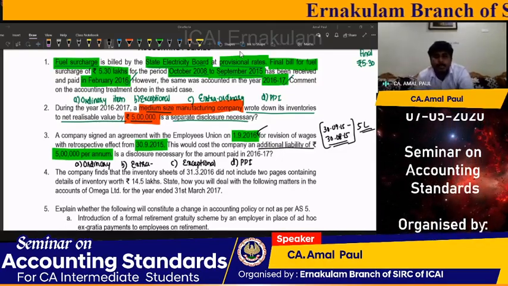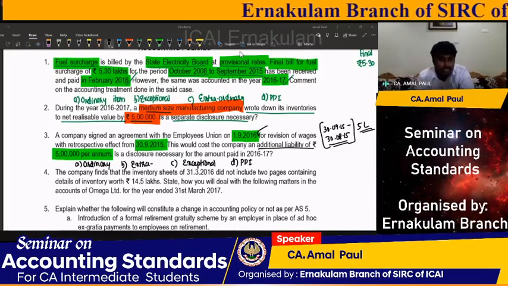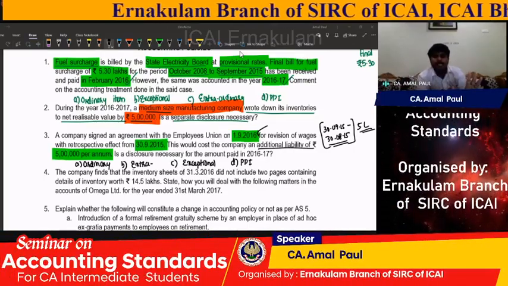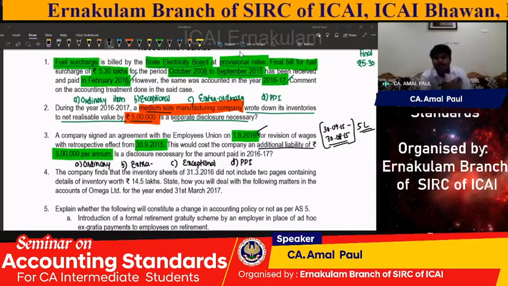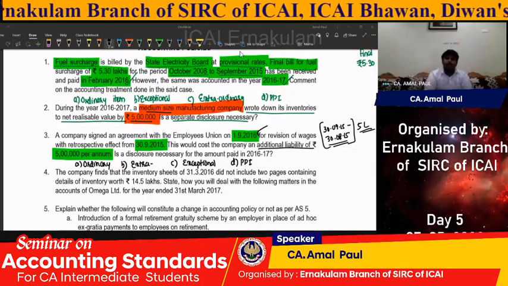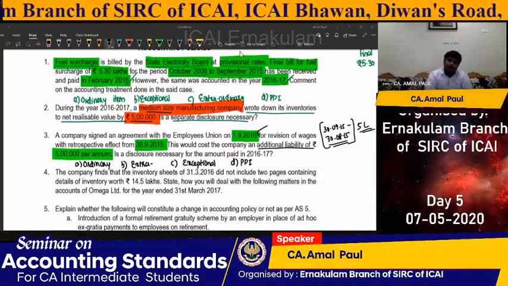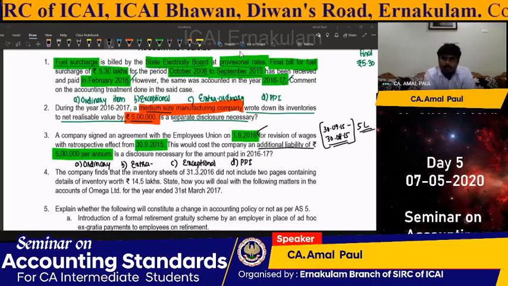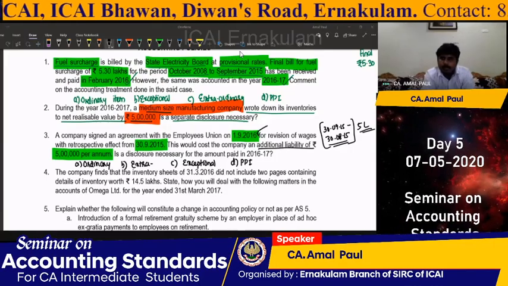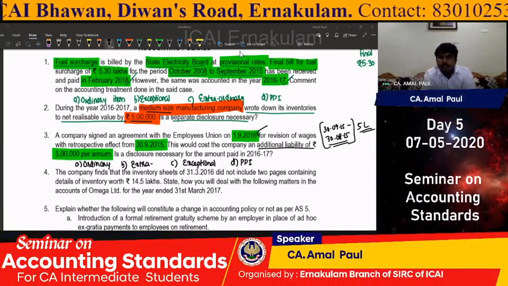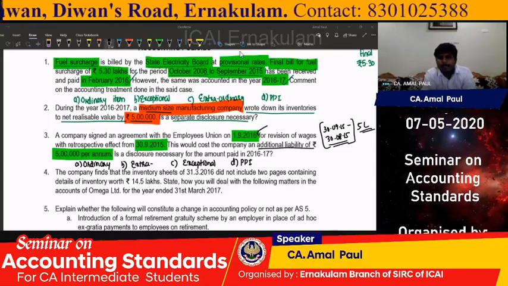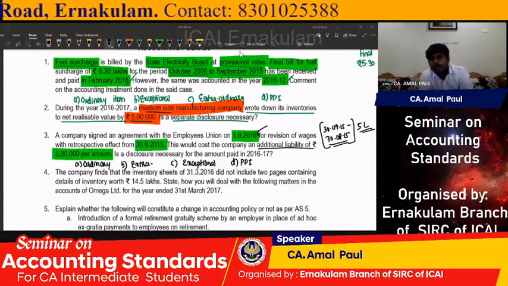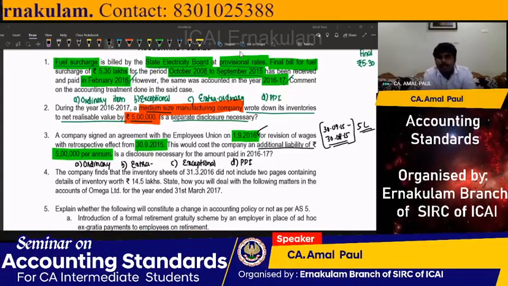How does this item need to be recognized: as an ordinary item, an exceptional item, an extraordinary item, or a prior period item? How does this need to be treated?